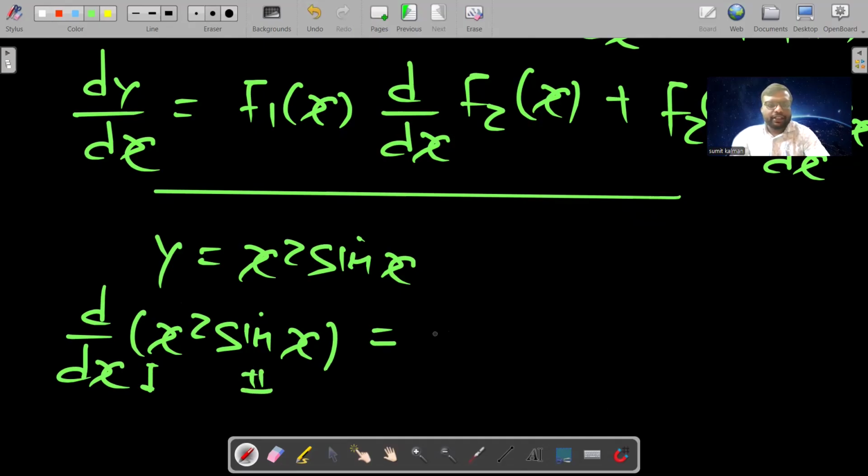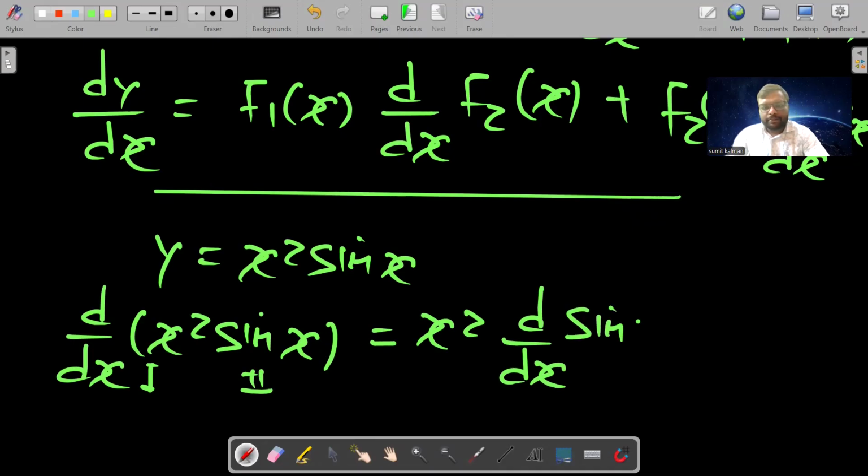So here f1(x) is x square, f2(x) is sine x. So the rule was f1(x), that is x square, into d upon dx of f2(x), sine x, plus f2(x), that is sine x, into d upon dx of x square.